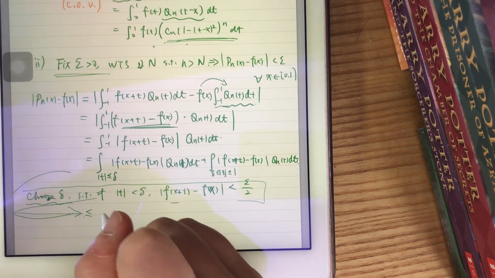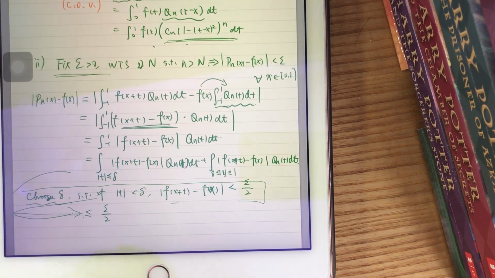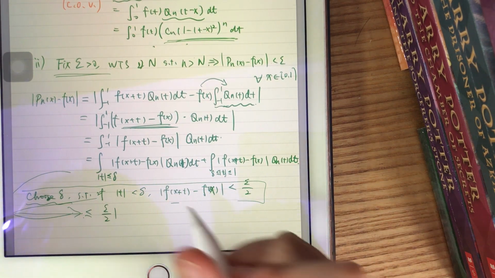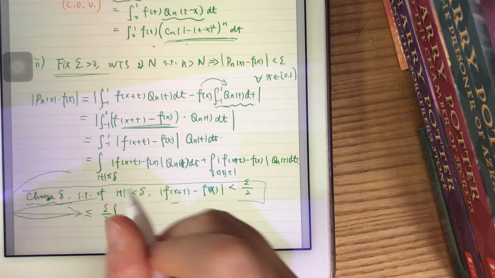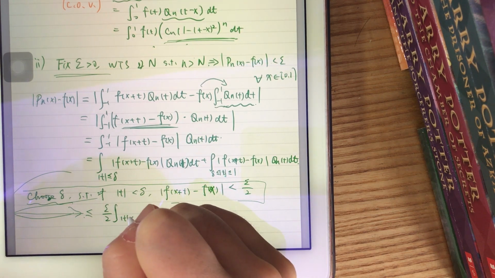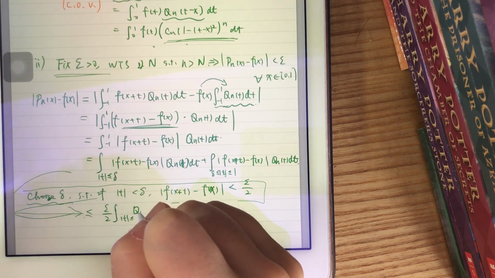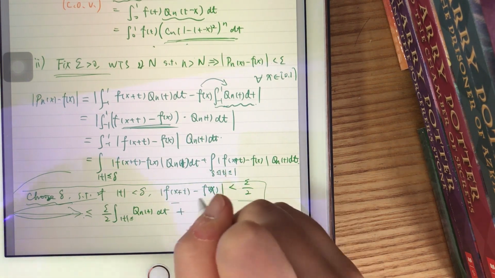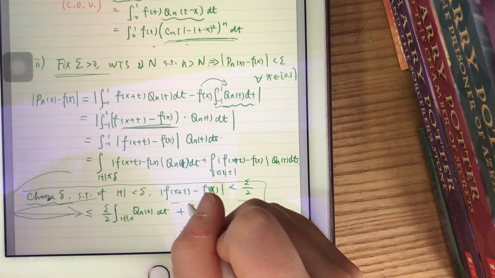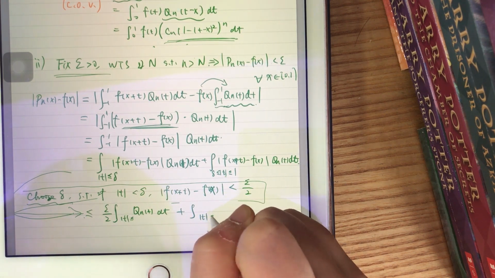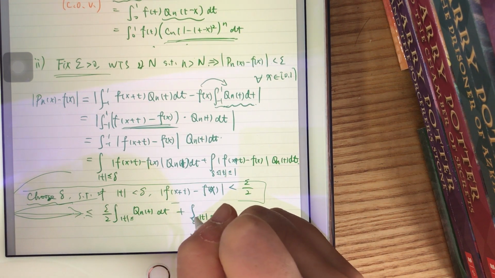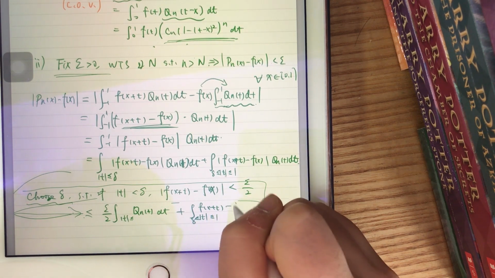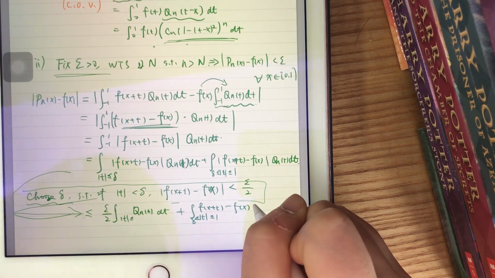It will be smaller than half of the epsilon times the integral of qn(t) dt, plus the second part, right?